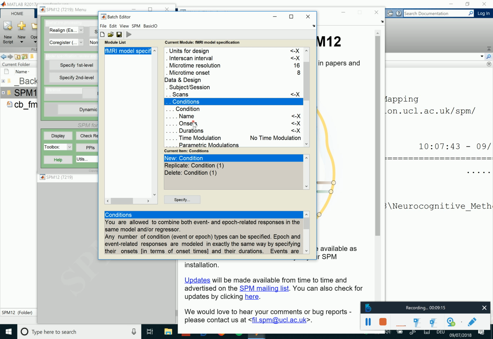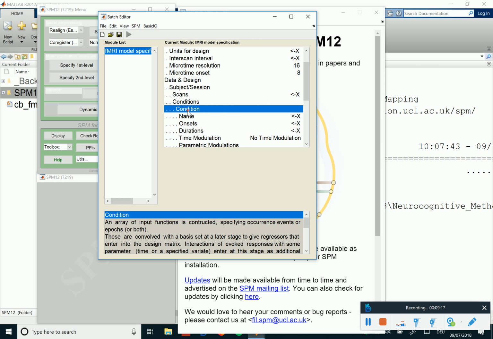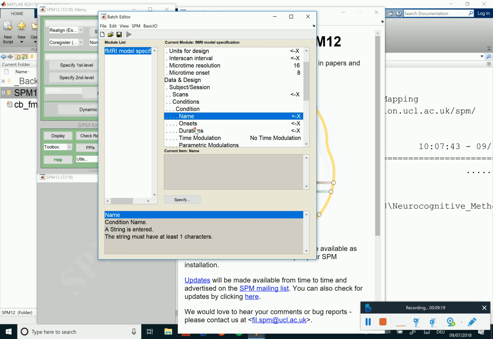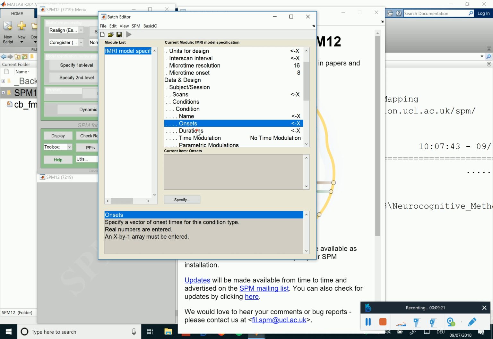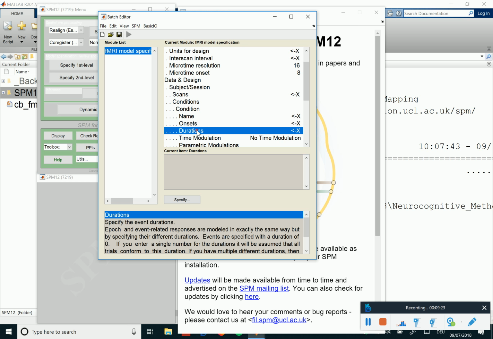And for each condition, meaning a column of the design matrix, we have to specify a name, an onset time, and a duration time. And there are different ways for duration. The typical thing for event-related designs is that one takes the duration 0, then one just has a stick function, which we convolve with the HRF. Of course, one can also take longer durations, for example in a block design. So this needs to be specified.